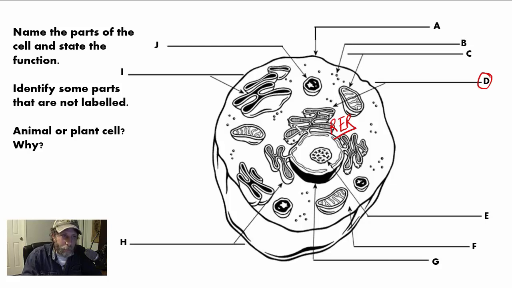Now, don't make the mistake of saying that ribosomes move through the ER. They don't. Ribosomes stud the ER. Ribosomes make proteins which then go into the ER and travel through the ER, but the ribosomes themselves don't travel through the ER.